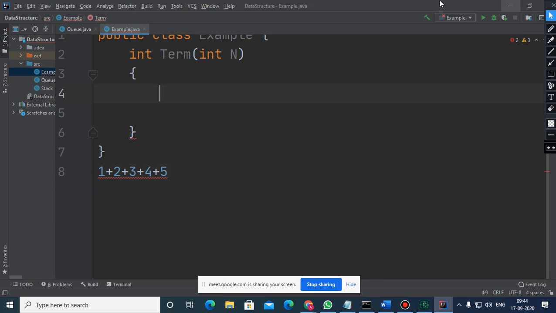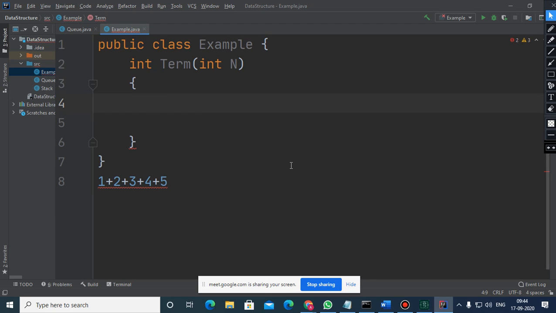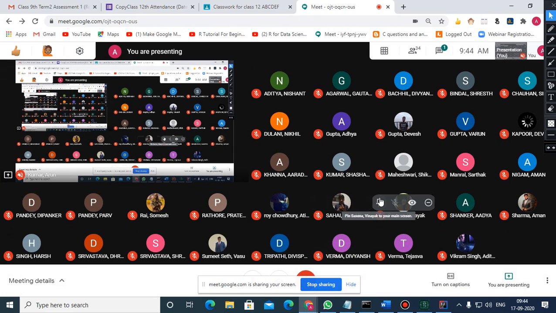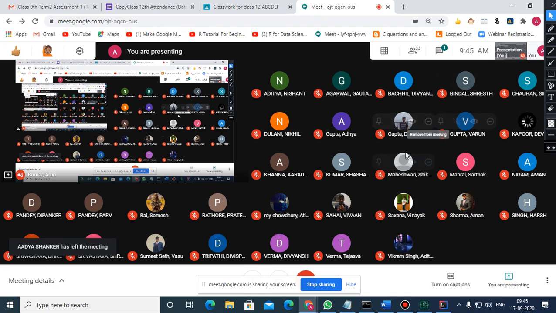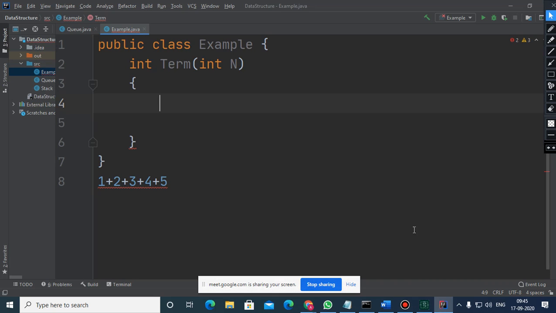First of all, we have to write the base case. Parv Pandey, what will be the base case?